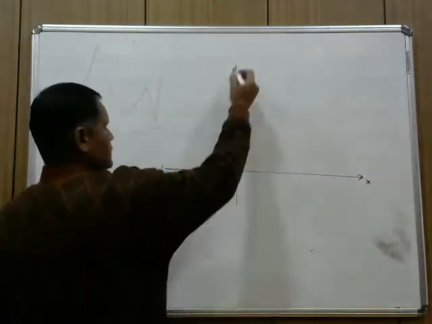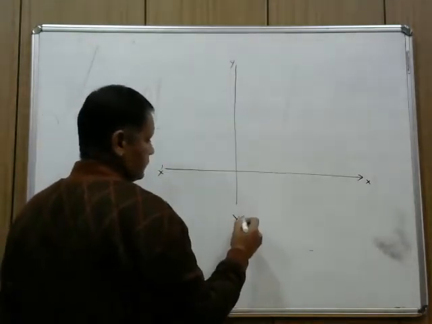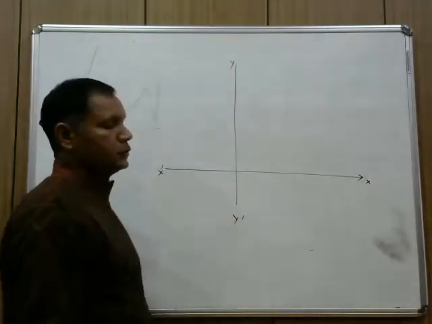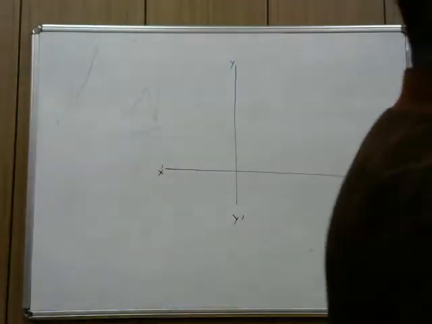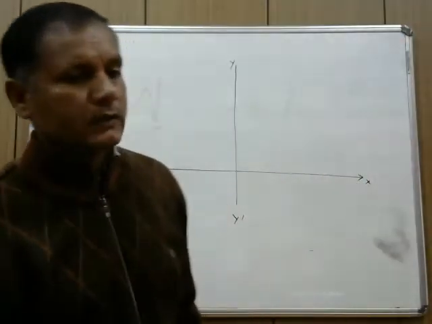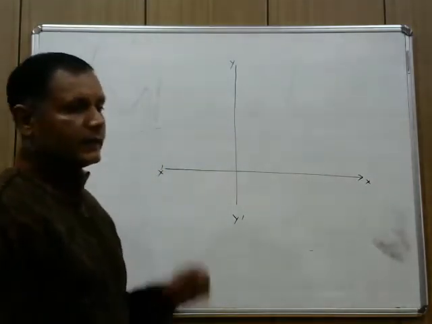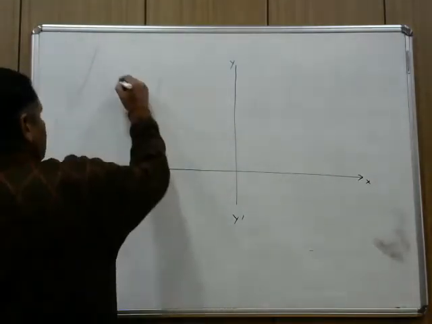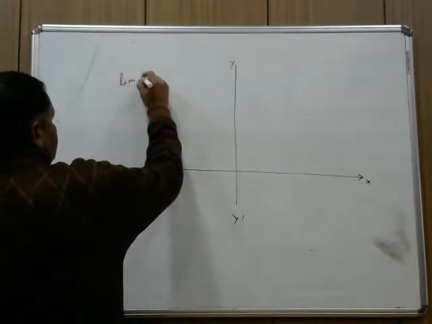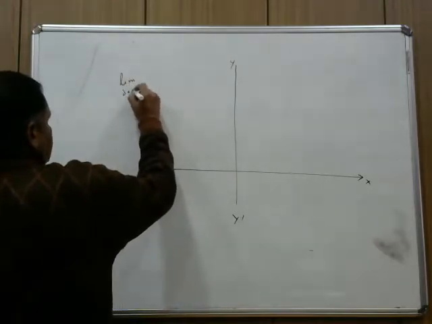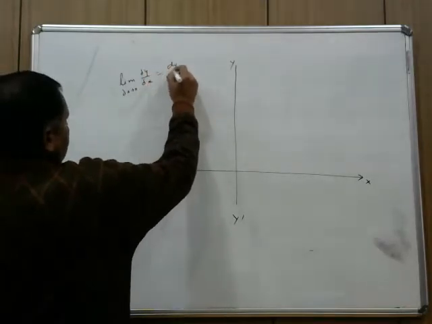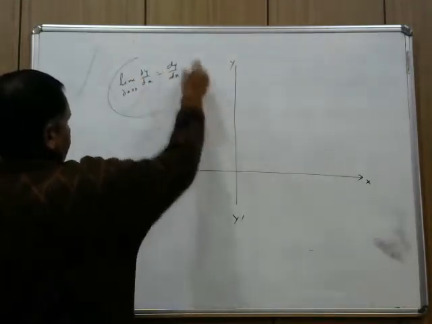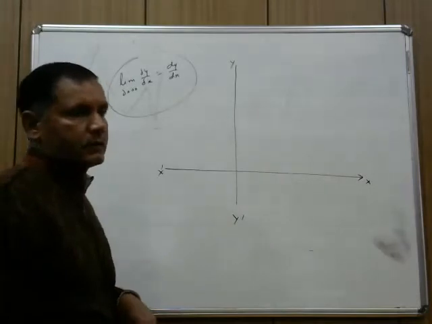When I was discussing the geometrical meaning of differentiation, we discussed that, if you remember, limit delta x tends to 0, delta y by delta x is equal to dy by dx, right?